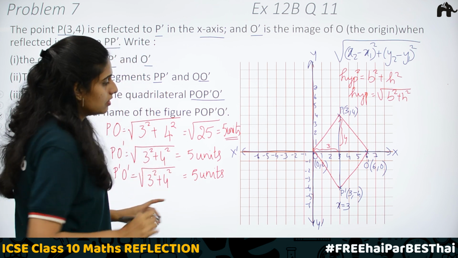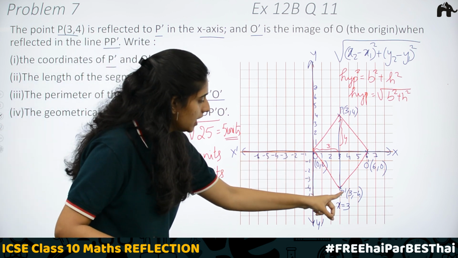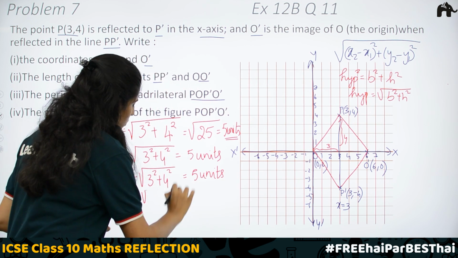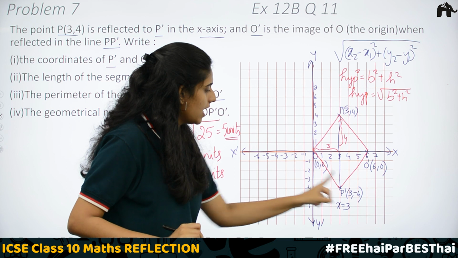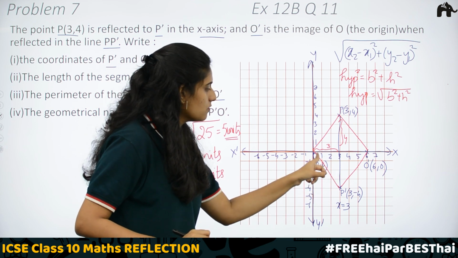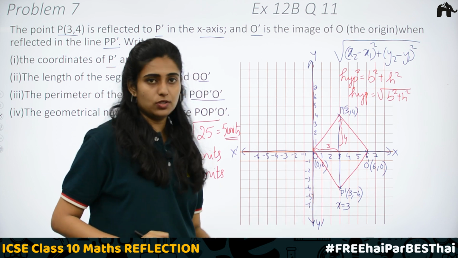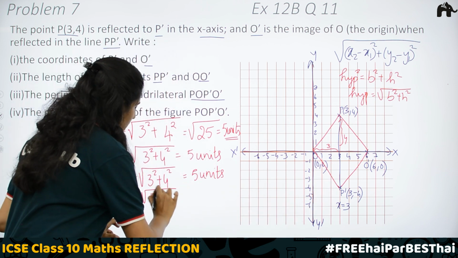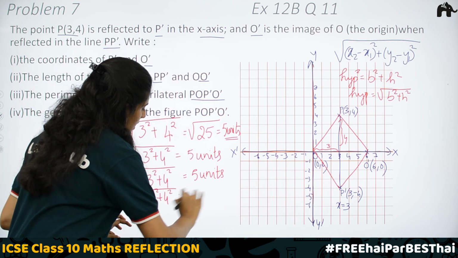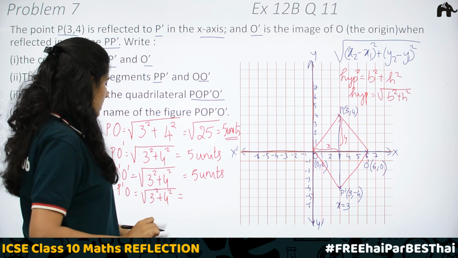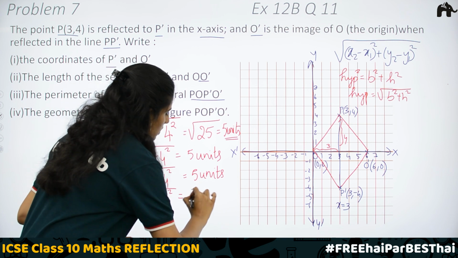Now, the fourth side P'O. P'O is equal to root of. Here for this triangle, we have base 1, 2, 3 units and the height 1, 2, 3, 4 units. We are again getting 3 square 9 plus 4 square 16, 25. Root of 25 is 5 units.